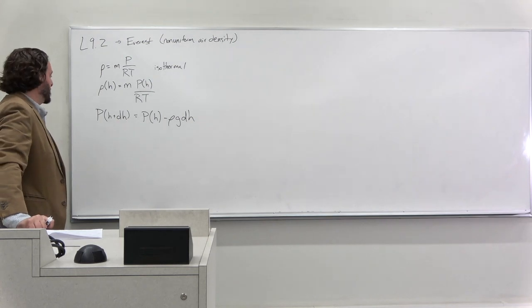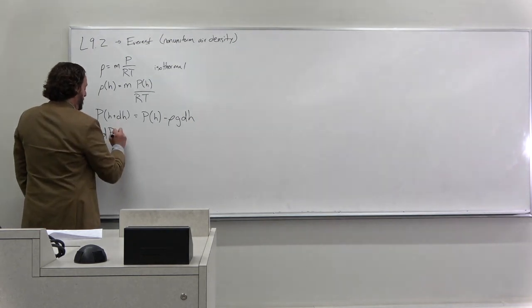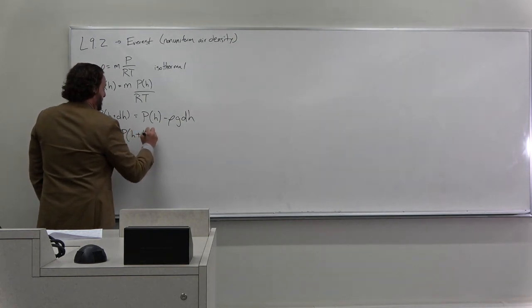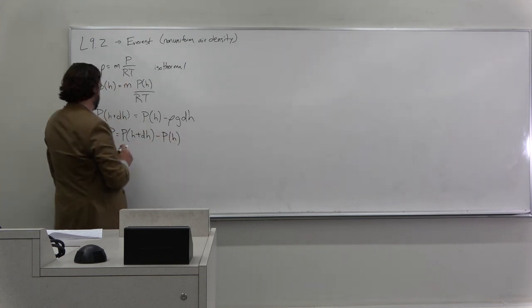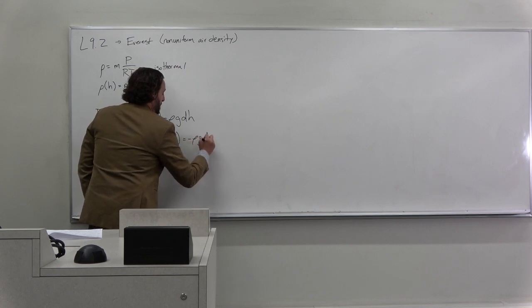This is nice because we can think of it as a differential: dP, which is P of H plus dH minus P of H, is minus rho g dH.